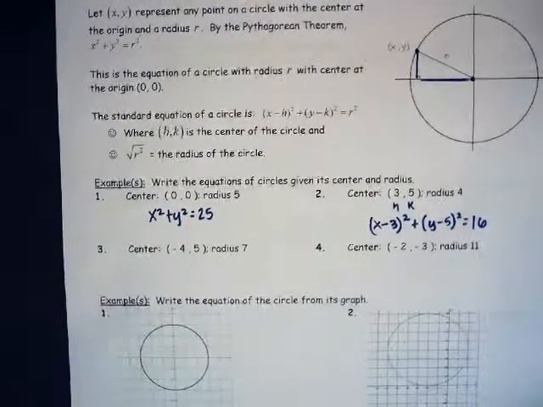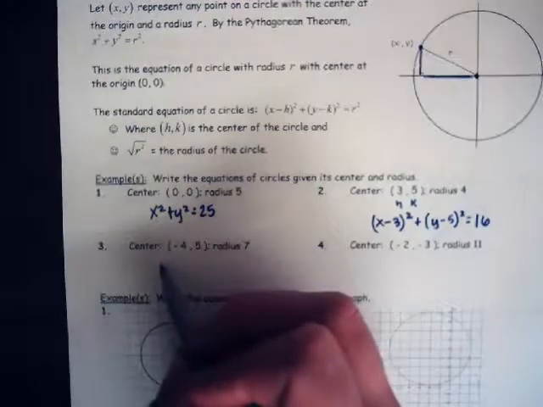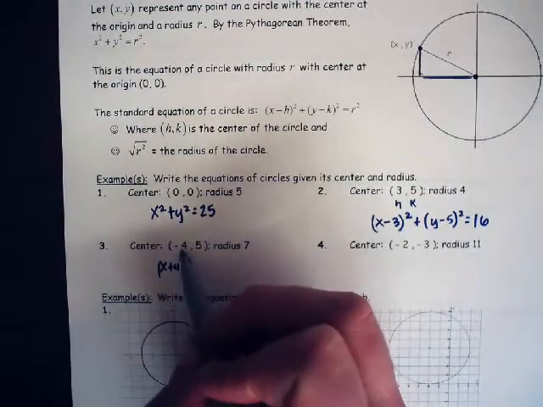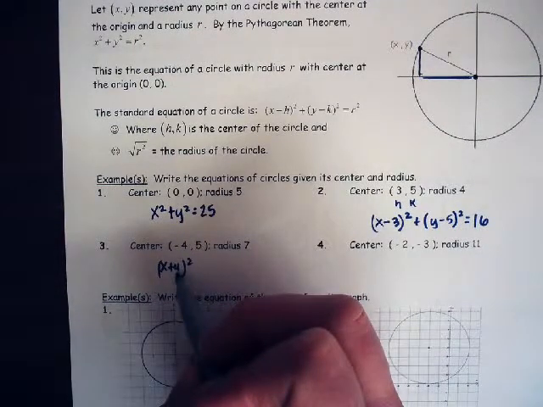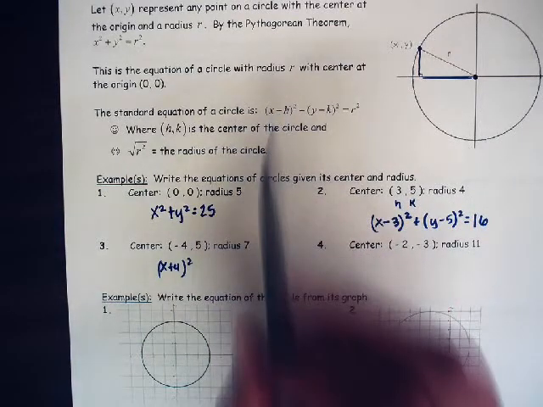Number 3, the center is at negative 4, positive 5. So if I were to write this, I would have this time (x plus 4), because the sign is going to be opposite. So if it's negative here, when I put it in the equation, it's positive. That's what this negative up here means, is take the opposite sign.